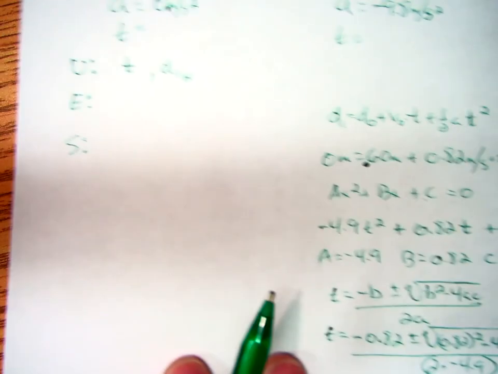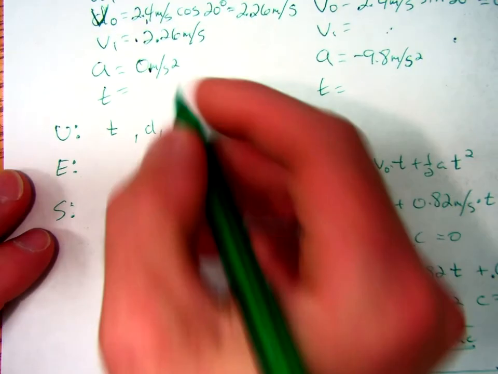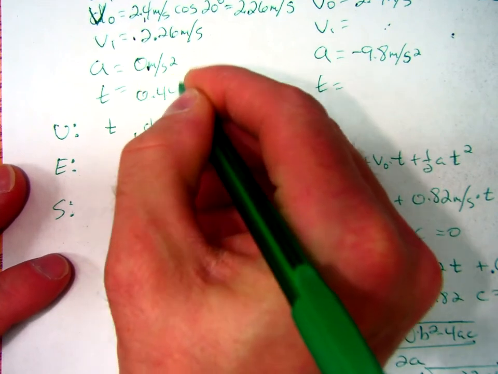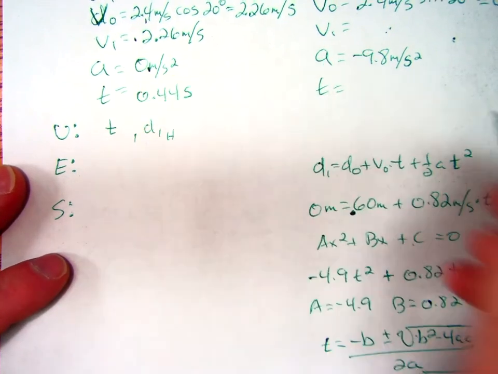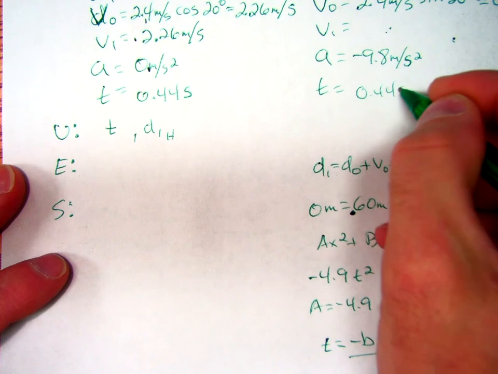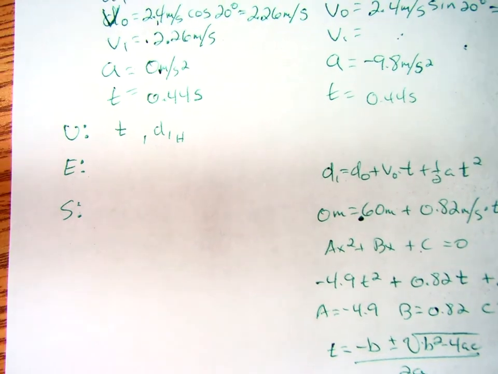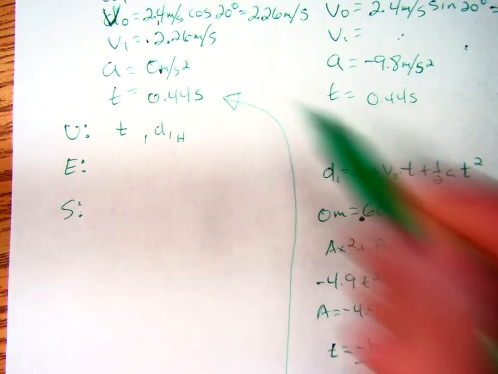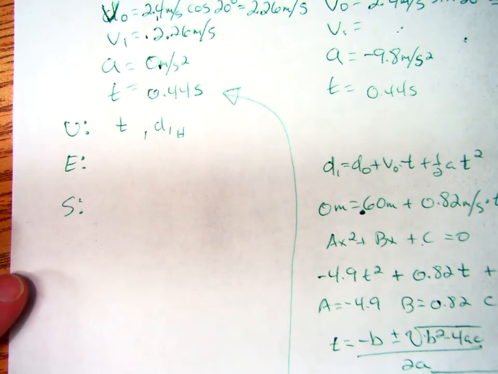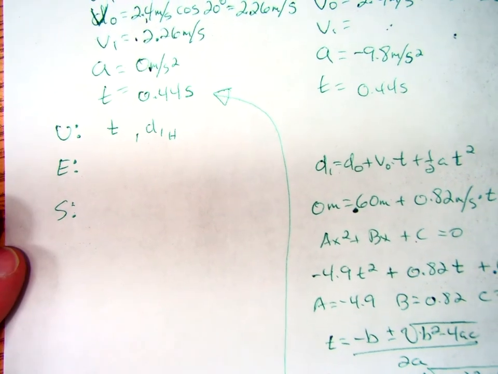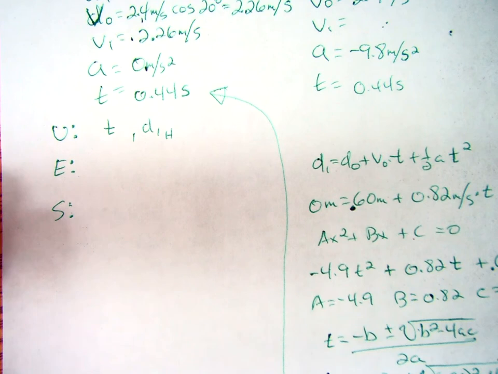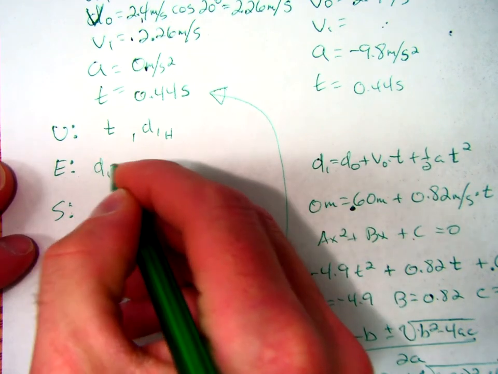We write down 0.44 seconds, which we plugged in up here, and we're going to solve for D1H. We're going to look back at our equations again. There's a couple of equations you can use. I'm going to use the same one.